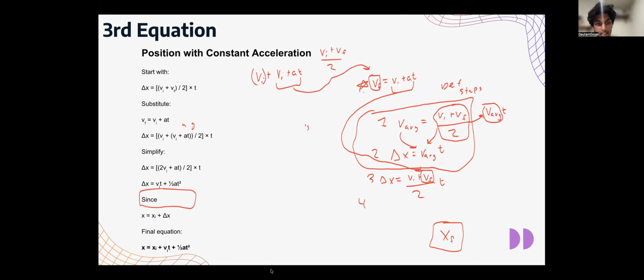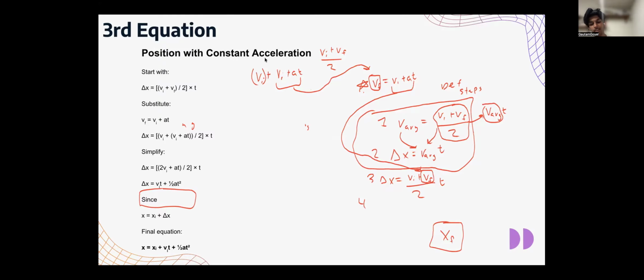Yes, in this case we can do that, but in this case we don't want to see a VF in our final equation. So when you see a V sub F like this and you're trying to solve for the distance, you can just use the initial velocity, right? Like that.